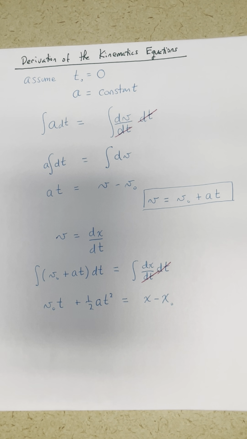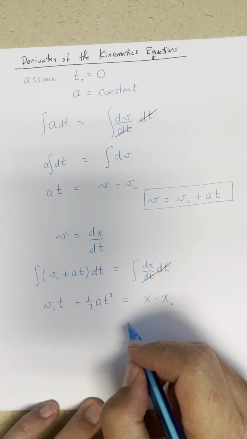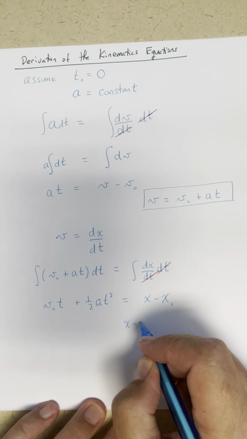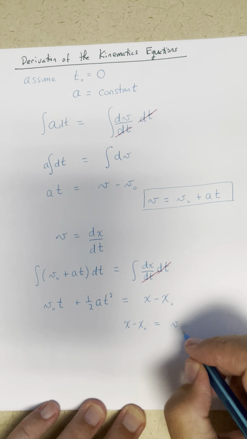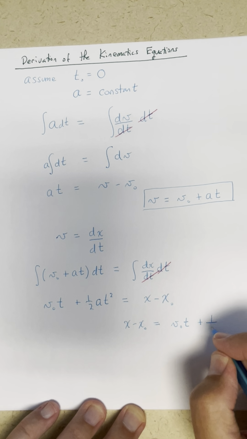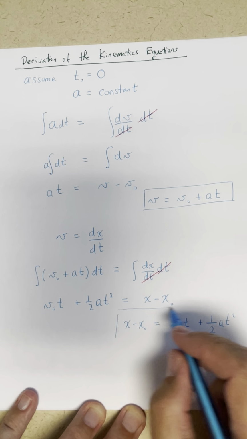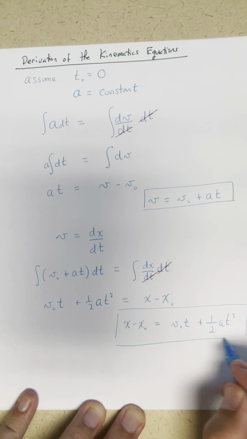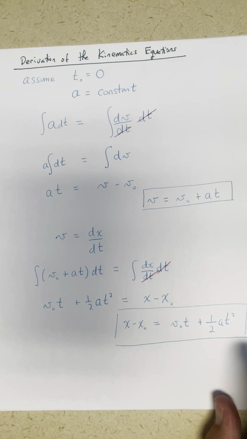Not a big deal if it were there, it's not a big complication. But this tells us that the final position minus the initial position is the initial velocity times time plus a half acceleration times time squared. Okay, so that's 2 kinematics equations that we have worked out.